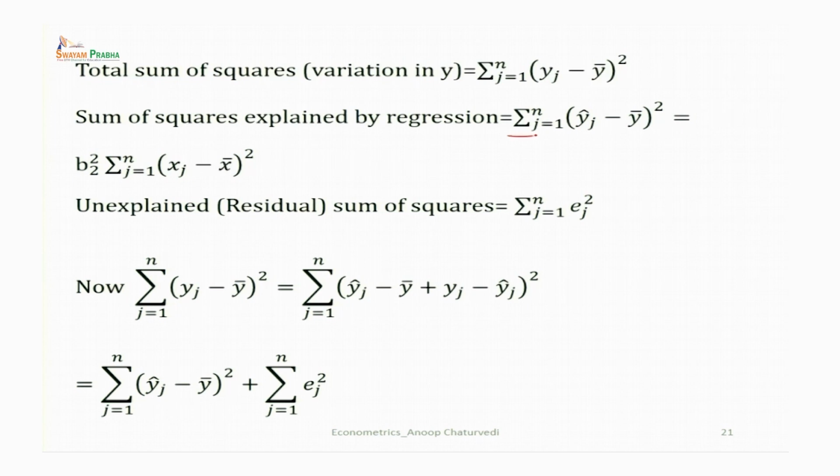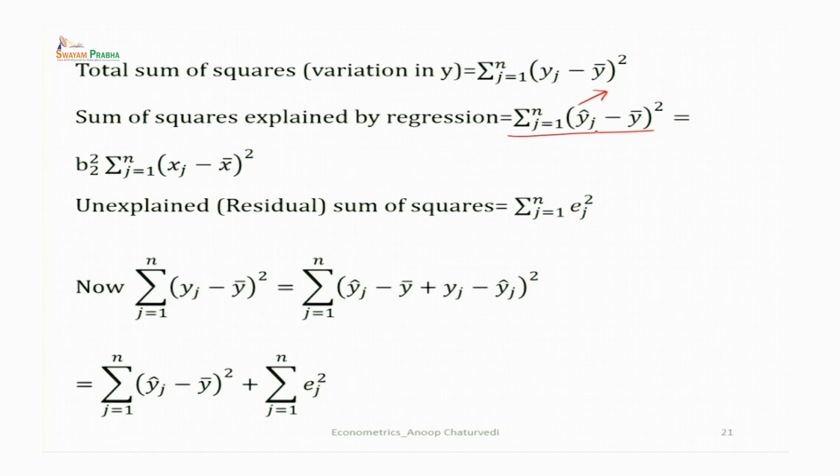And this part, summation y j hat minus y bar square, is actually the sum of squares explained by the regression, because this is the predicted value of y, or the part which we have explained by using the regression of y on x.